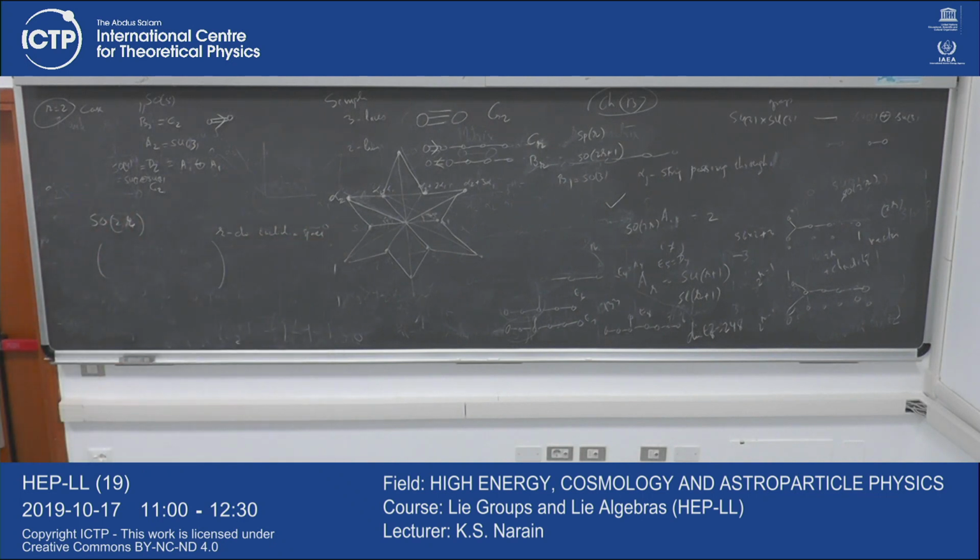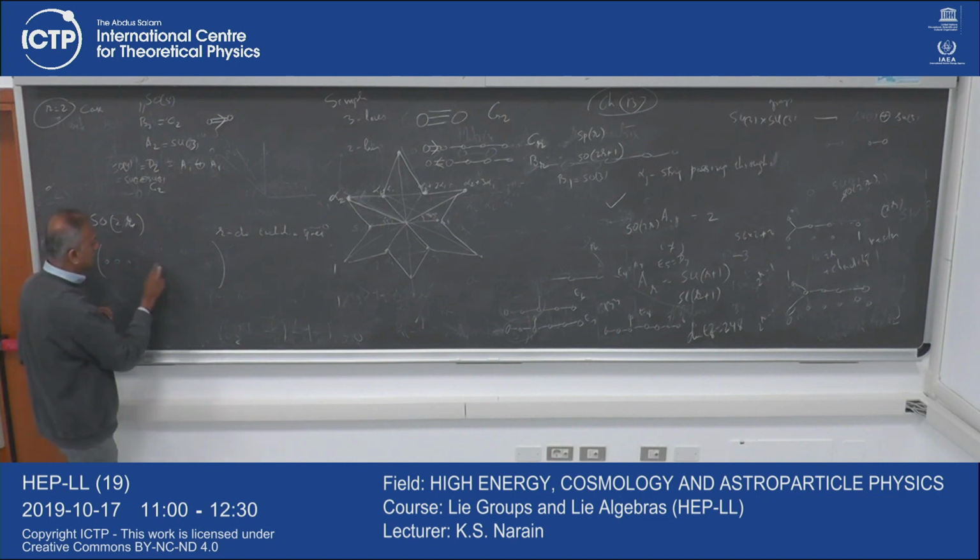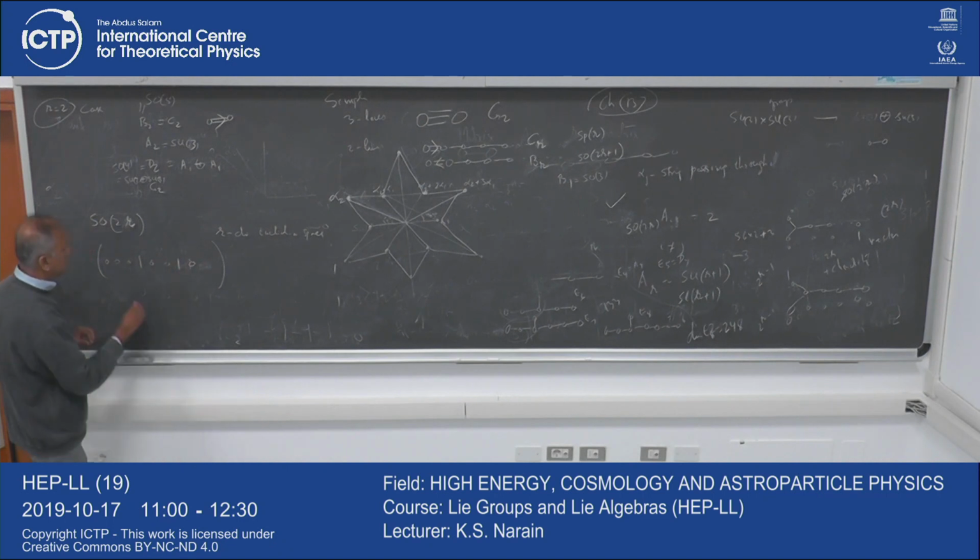It turns out that this is simply choosing: put everything 0 except 2 entries. So 1, 2, 3, 4, 5, 6, 7, 8. Okay, so let me put here 1, 0, and plus minus 1, plus minus 1. And these positions can be anywhere. That is the adjoint representation of SO8.